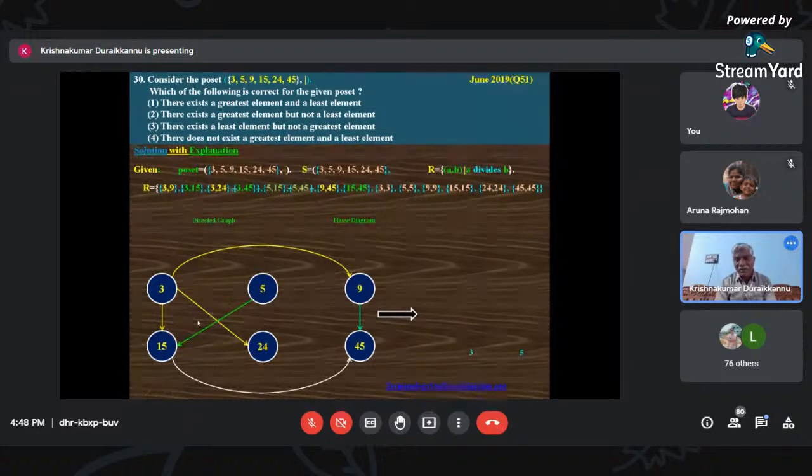So initially we have 3 and 5. What are the numbers divisible by 3? 9, 15, 24, and 45.